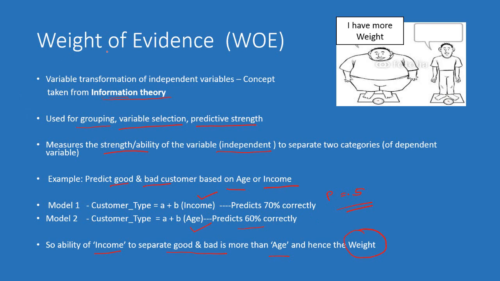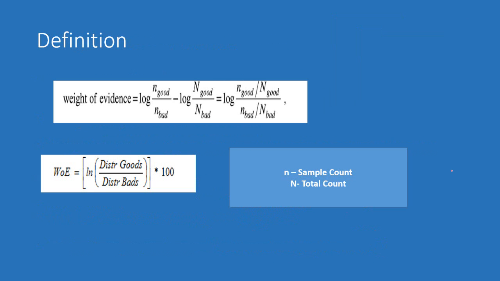And that is why the term is called weight of evidence. The evidence is that it is able to separate two different categories. And what should be the weight? The more the weight, the better the variable, or the more powerful the variable.